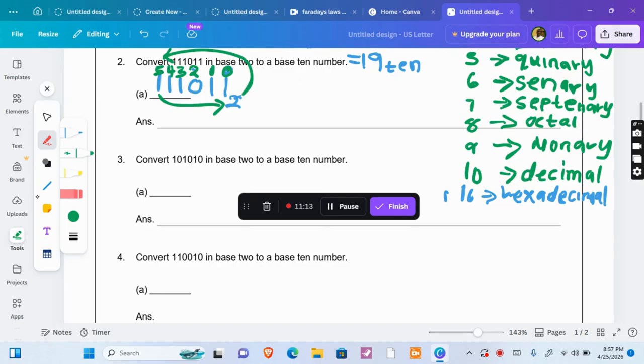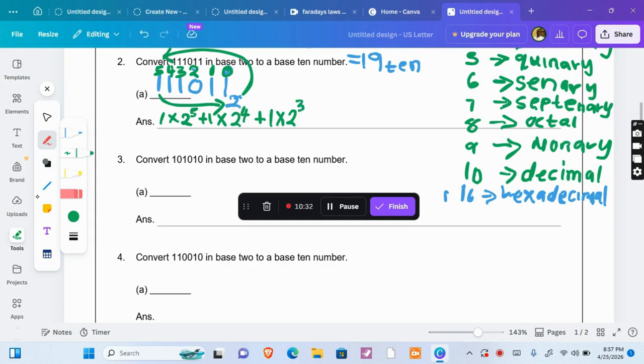So let's start now. This is 1 times 2 raised to the power of 5 plus 1 times 2 raised to the power of 4, plus 1 times 2 raised to the power of 3.